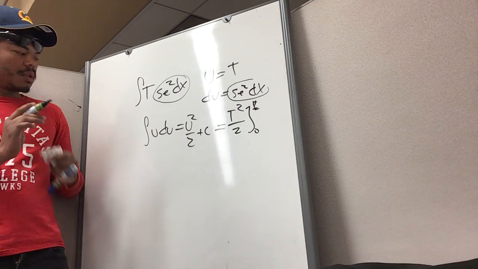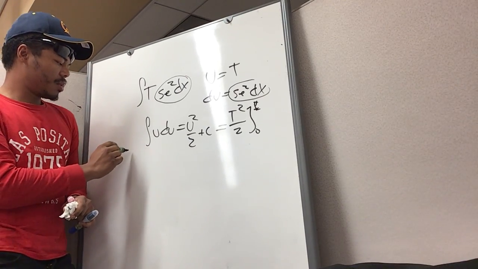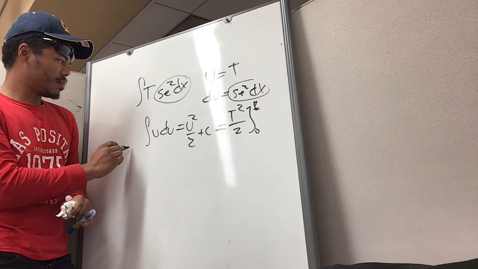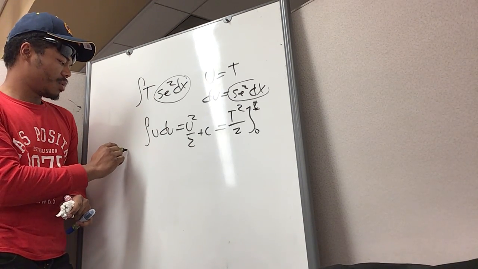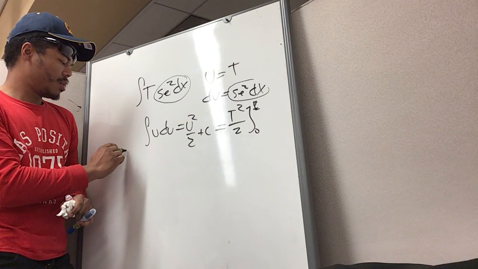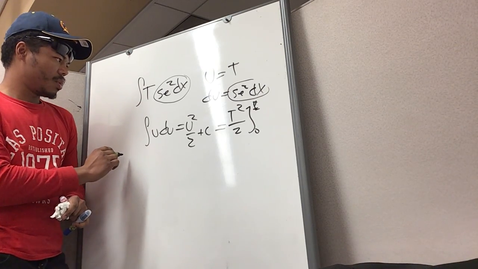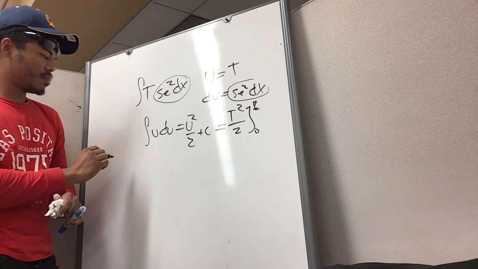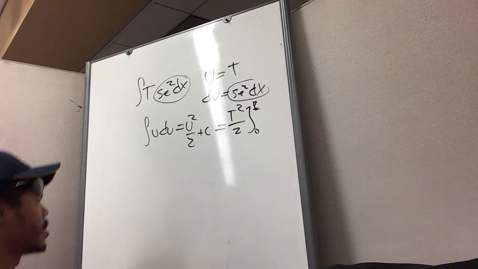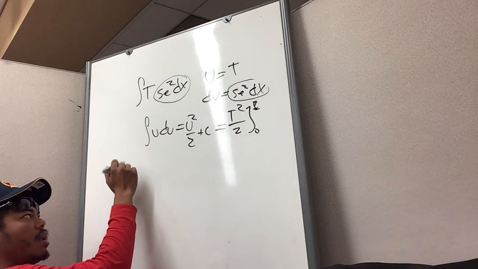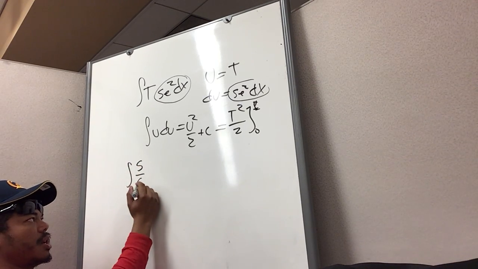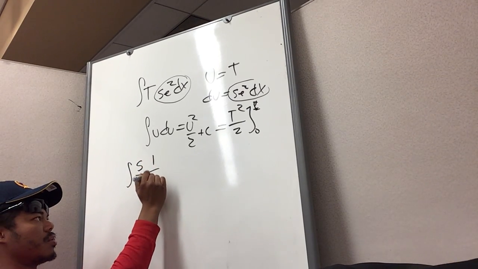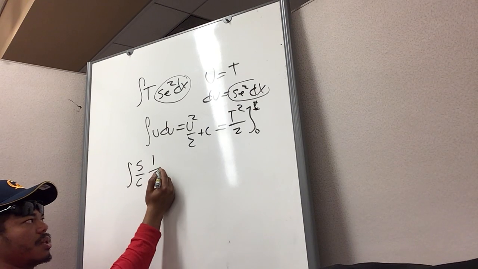I mean, there's another way to do this problem. Secant is 1 over cosine. So what would happen if you made secant the u? Let me do what I'm thinking right now, which is the integral of sine over cosine, that's tangent, times 1 over cosine squared, that's secant squared.